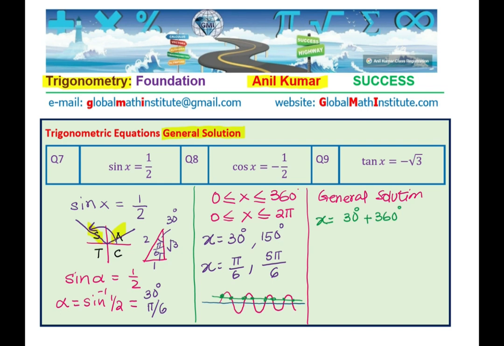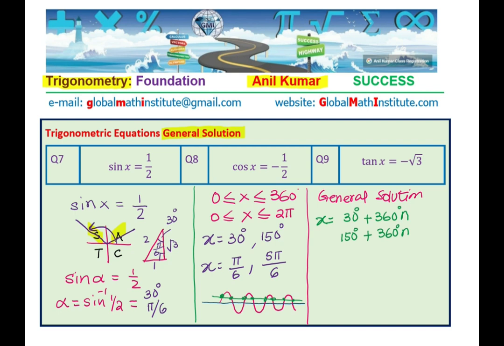Or 150 plus 360, and every 360, right? So, 360 n, you get the whole idea. 360 n. The other one is 150 degrees plus 360 n.